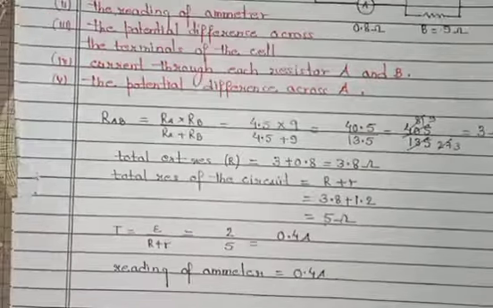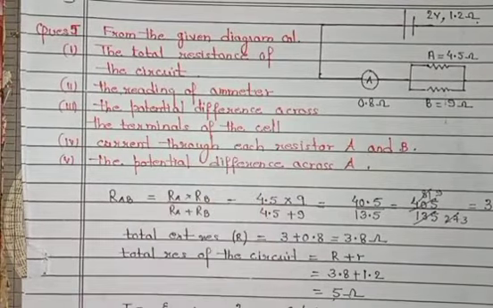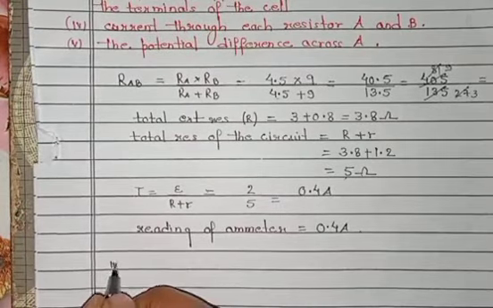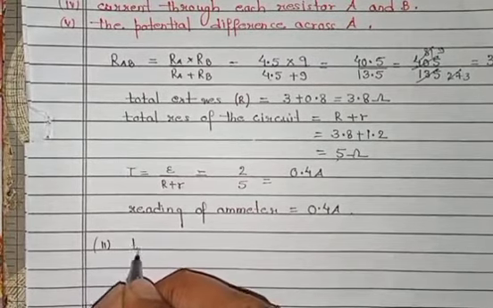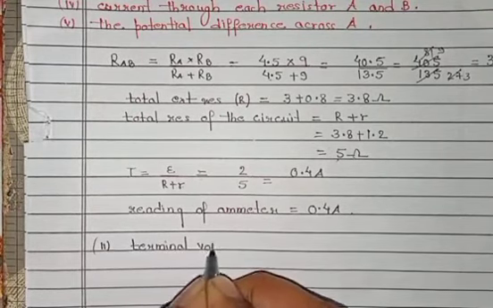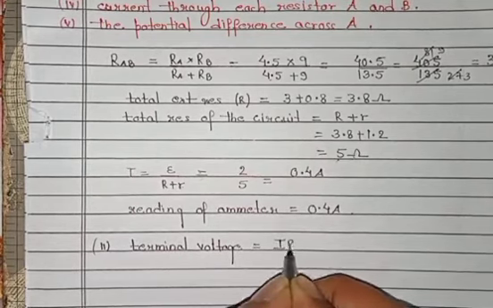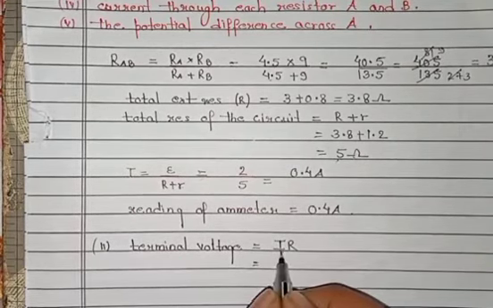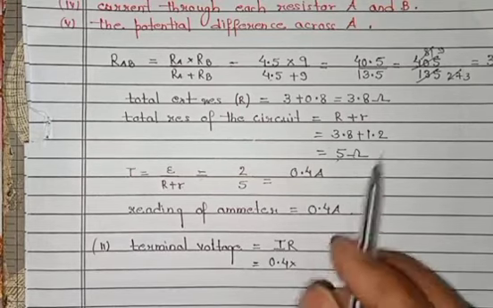Okay. The second part says you have to calculate the potential difference across the terminals of the cell. So potential difference across the terminals of the cell, that means in the question they have asked you to calculate the terminal voltage. That will be I into capital R. I is the main current, 0.4, and capital R is the total external resistance.